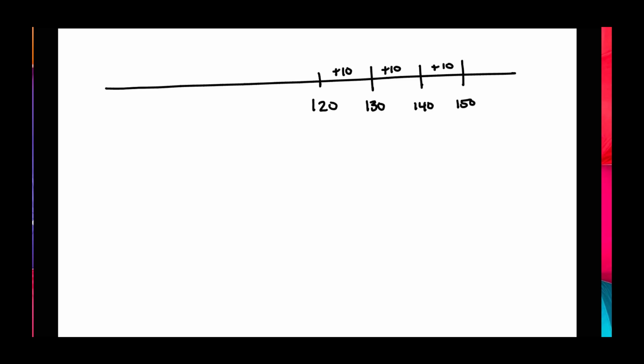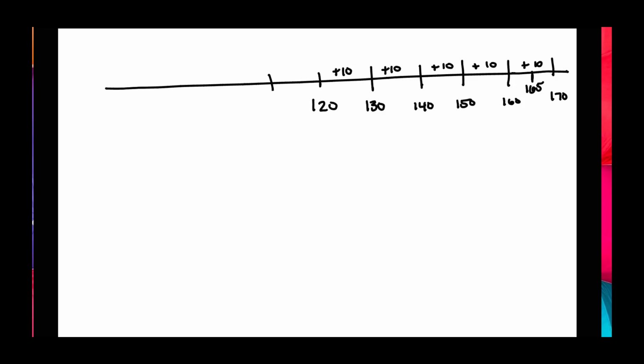Now, for this one, we went out 3, but this one can go out to 4.5. So there's 1, 2, 3. 4 would be 160. 5 would be 170. Halfway between 160 and 170 would be 165. So that's 4.5. 4.5 is 165.